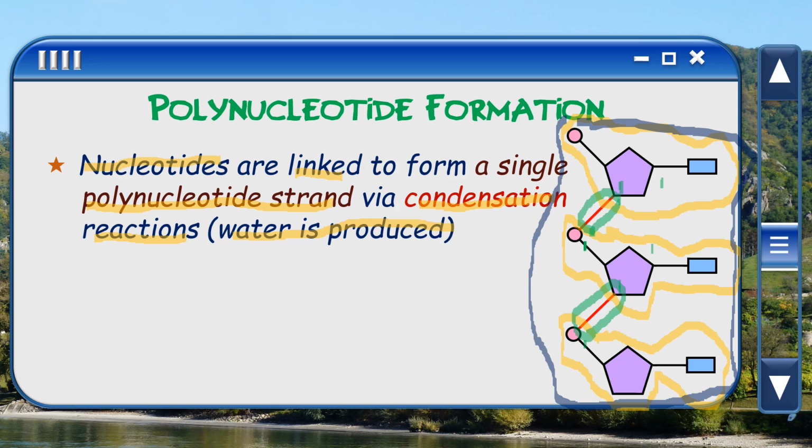So that's why we are saying that the nucleotides are linked to form a single polynucleotide strand. The whole of it is a single polynucleotide strand, which is formed via the condensation reaction. Condensation reaction results in the formation of a bond after releasing a water molecule.